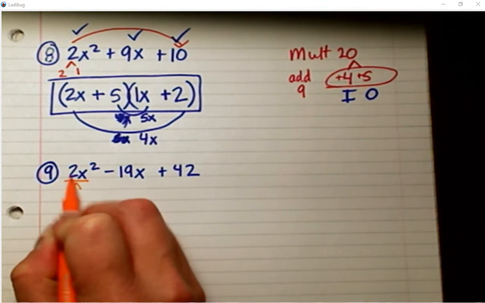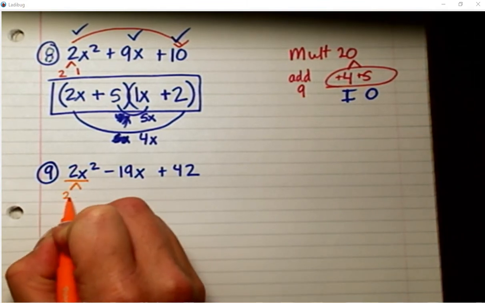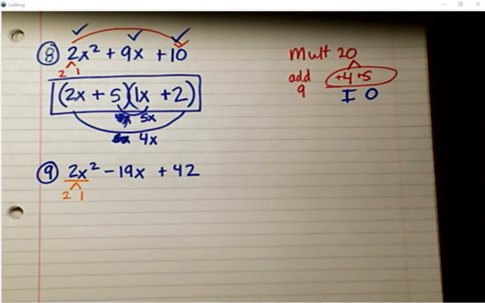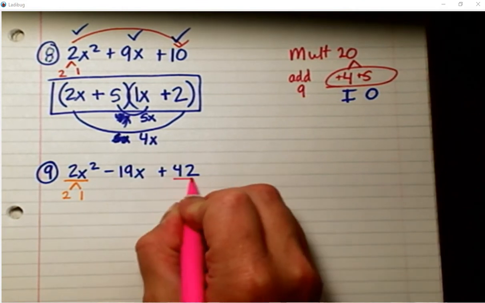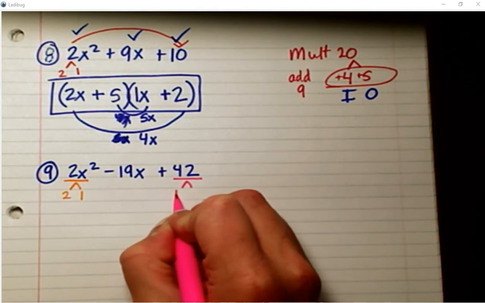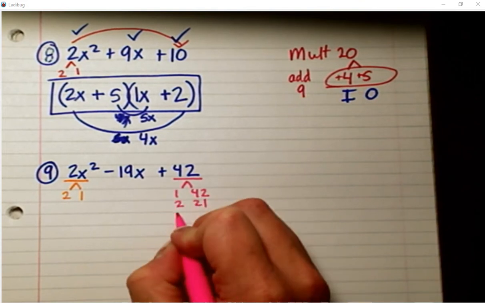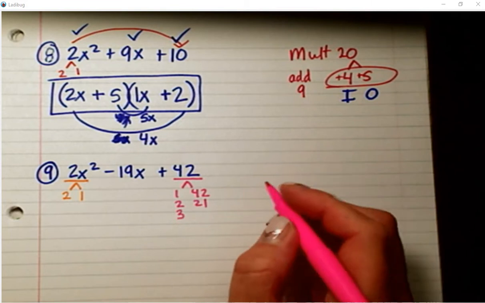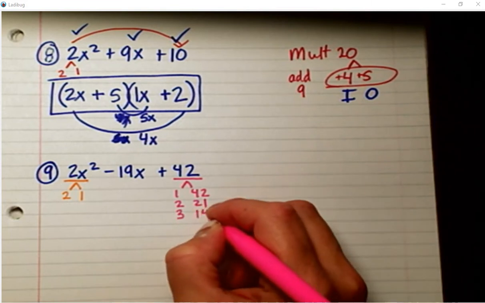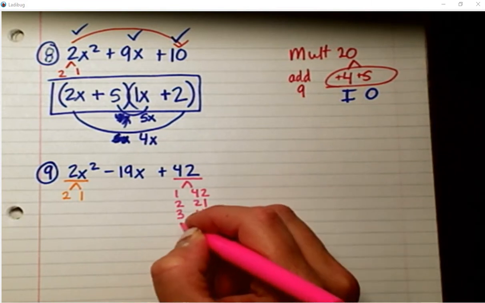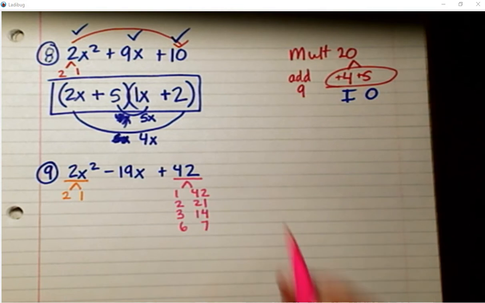In order to multiply to get the first term, it's 2 times 1. It's my only choice. Multiply to get the last term is a little bit trickier because there's a lot of choices here. I don't know if I can guess and check that many different things.